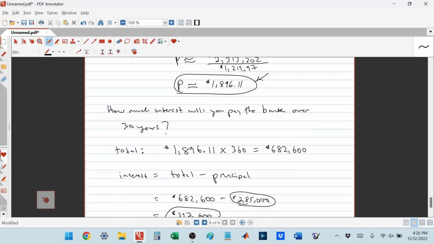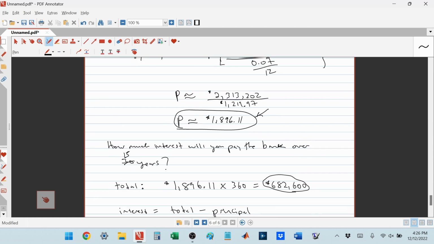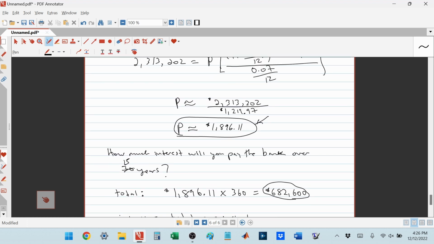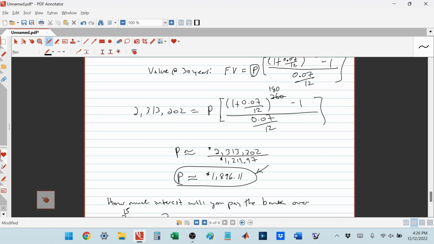But then the total interest we would pay the bank over 15 years would be less. We wouldn't be paying them this much total. It'd be something less than this. We could figure out how much less interest we would pay over 15 versus over 30 years. It's going to be in the hundreds of thousands of dollars.